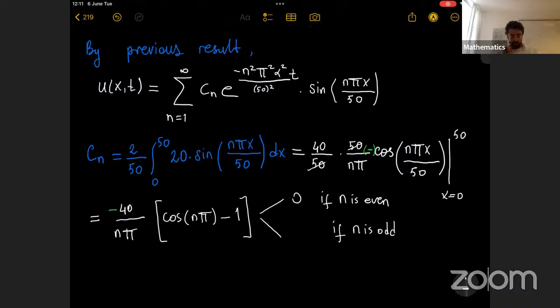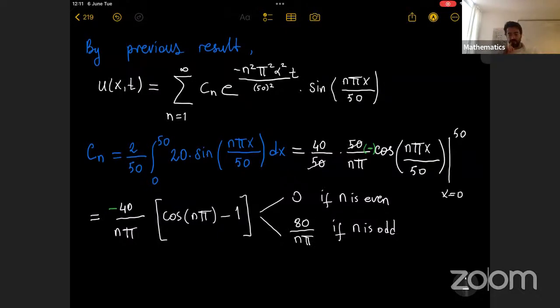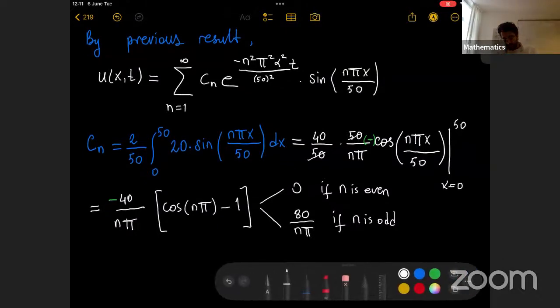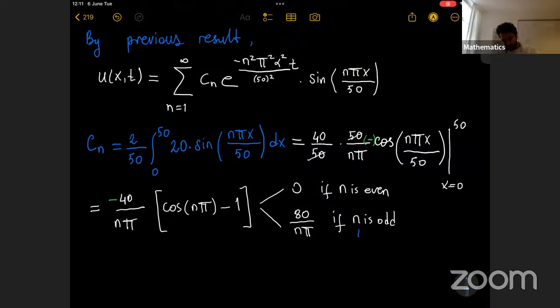If n is odd, it's going to be -2 times -40, 80 over nπ. So n is odd means n is like 2k plus 1, for instance. Any question so far?